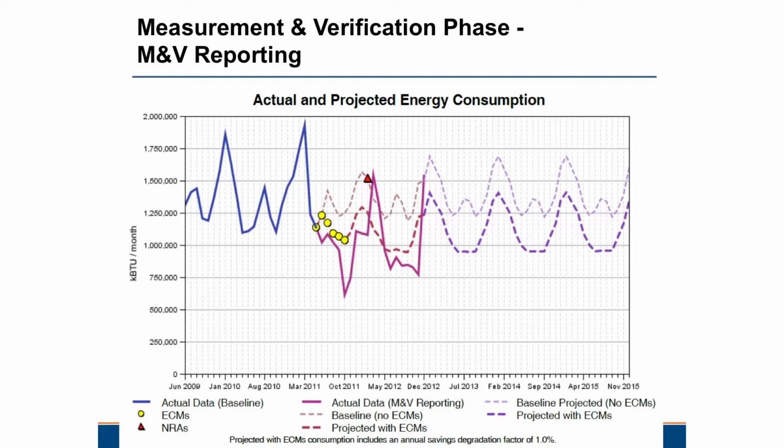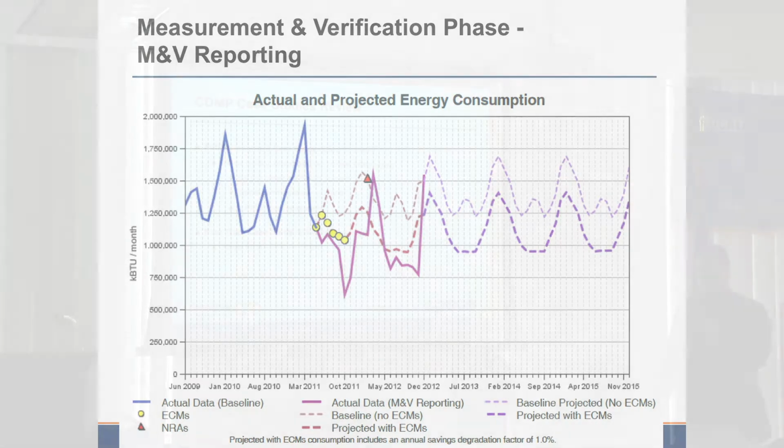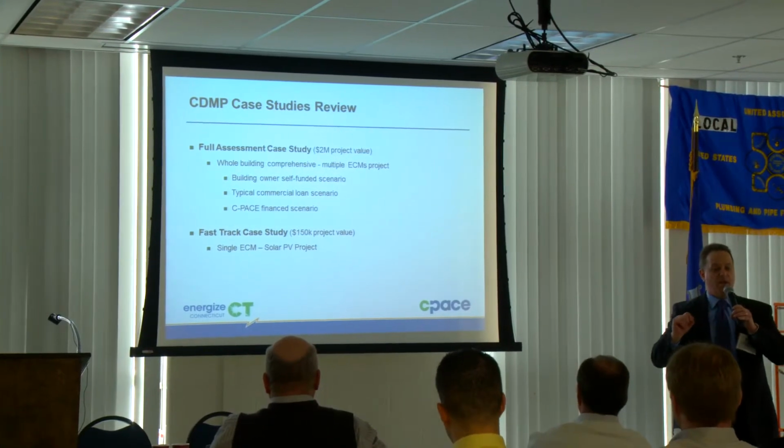In any case, there's a module I wanted to share with you that is available depending on what we agree to with the building owner: what the term of the M&V engagement will be, what the frequency of the reporting will be. With those caveats set, we have a module to help report that out to the building owner and the capital provider that will have an interest to know how we're doing. So with that said, question?